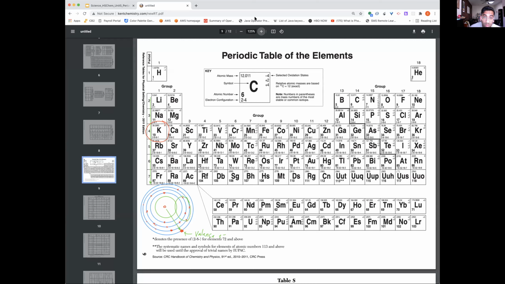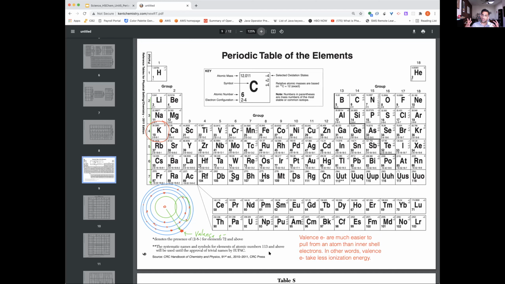So the principle at work here is that valence electrons are much easier to pull from an atom than inner shell electrons. In other words, valence electrons take less ionization energy, right? And hopefully that illustration shows you why.